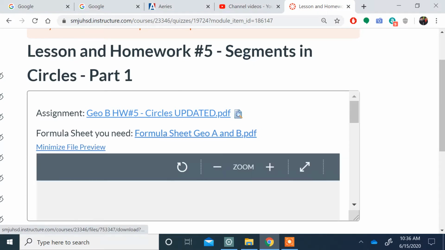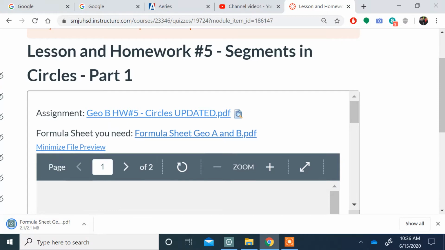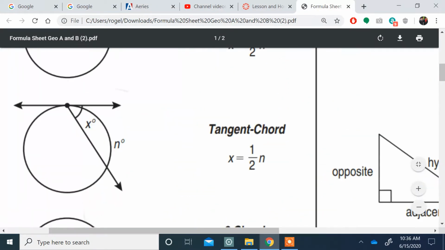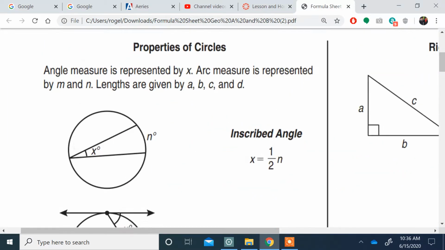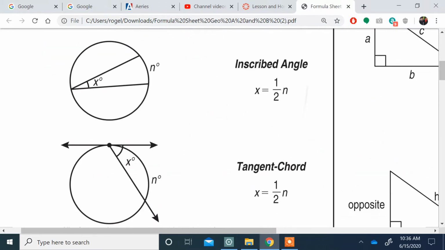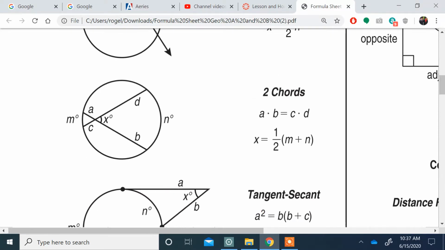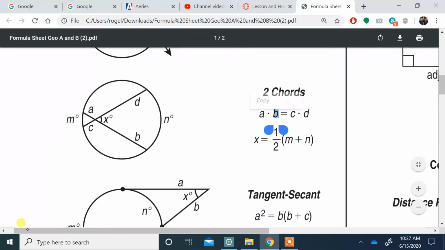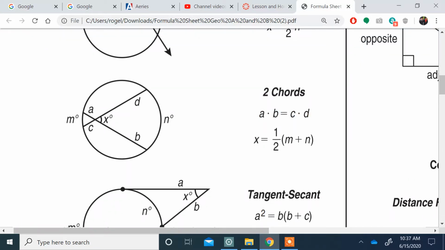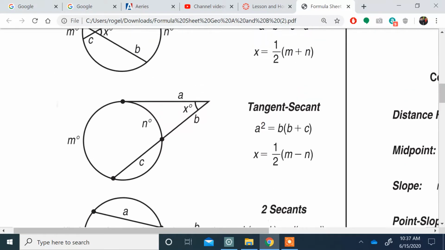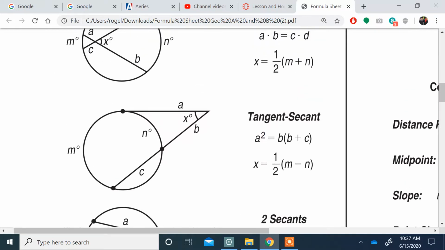So if I open that up, that's what I'm going to be using as well. It's this portion right here where it says properties of circles. Today we're going to be using not just this part, not just the angles, but this right here. So we're going to be using the other formulas as well in order to solve this.